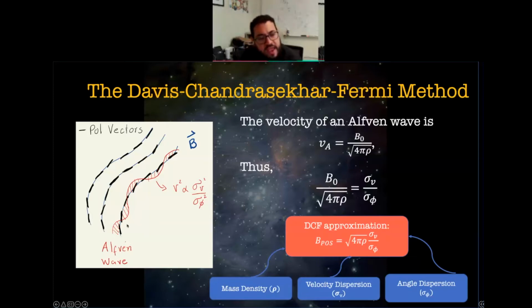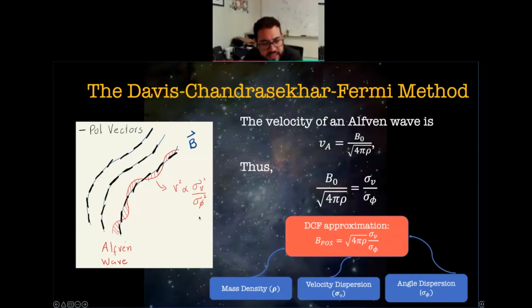The amplitude of the velocity of the Alfvén wave is proportional to the amplitude of the temporal variations, related to the velocity dispersion in the gas, and inversely proportional to how much these polarization vectors are deviated from the large-scale magnetic field.